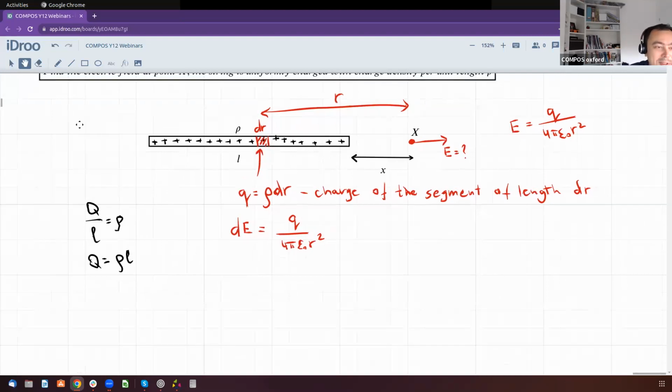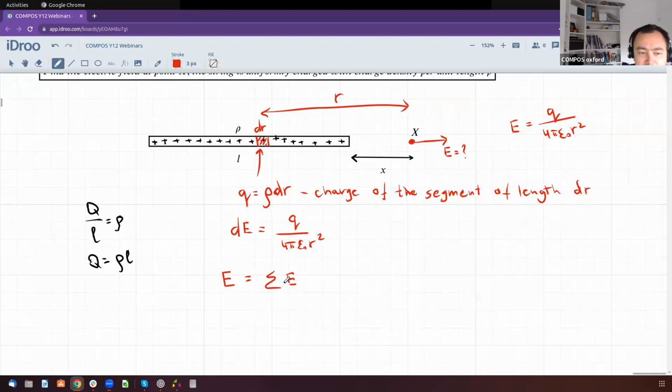And now what we need to do is sum all of these small segments. We're using the principle of superposition. We're saying that E is the sum of E's, the sum of E's from each individual segment. Does that make sense?